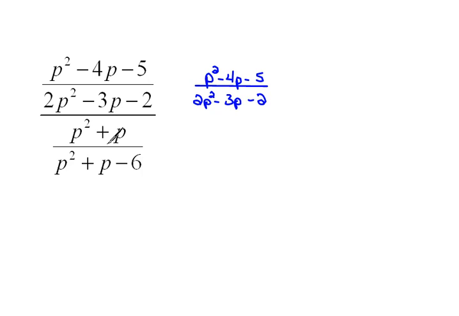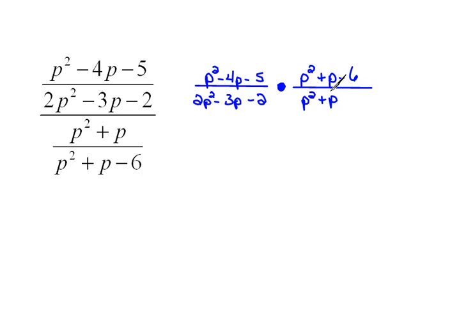But I'm going to go ahead and flip and change in the same step. I'm going to change that to multiplication, and at the same time I'm going to flip this second fraction. So that would be p squared plus p minus 6 over p squared plus p.